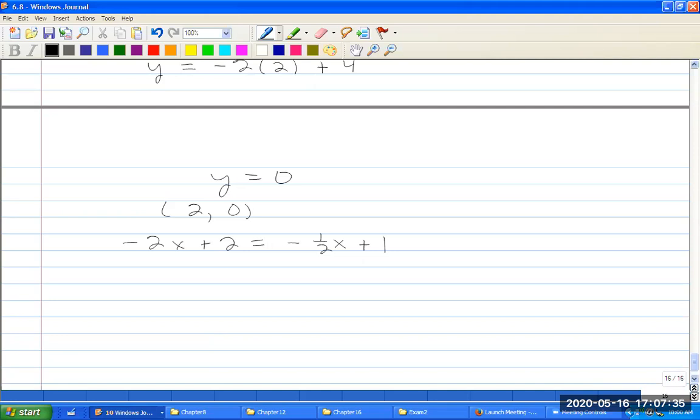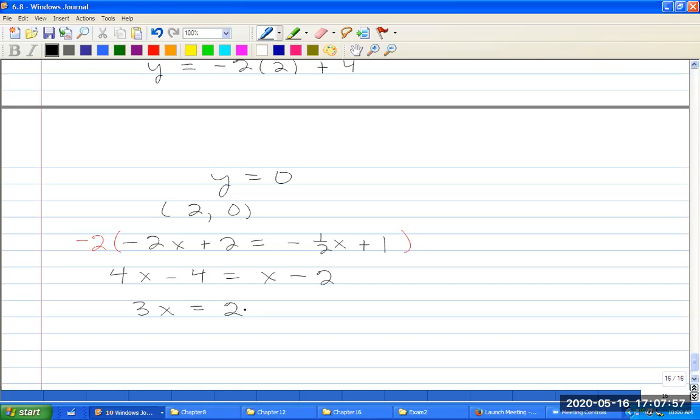Set those equal and see where these intersect. Let's multiply by negative 2 to get rid of the fractions and the negatives. So I get 4x minus 4 is equal to x minus 2. Subtract x from both sides.